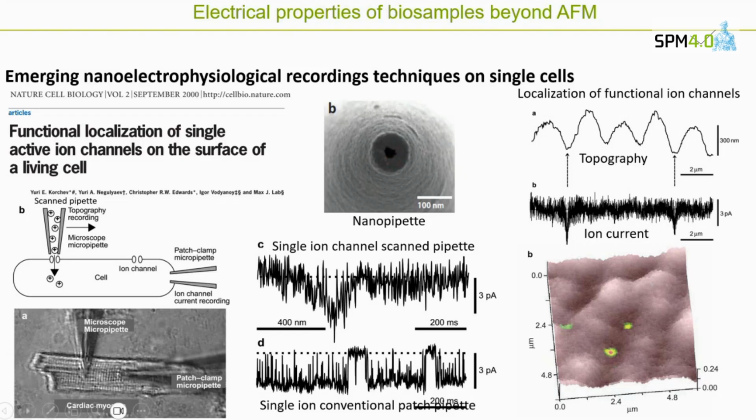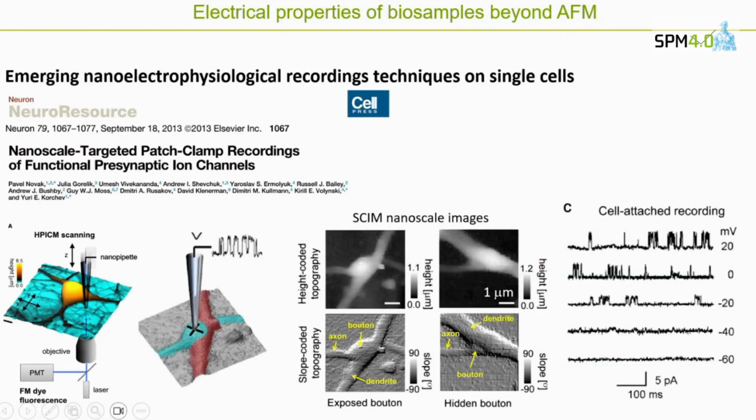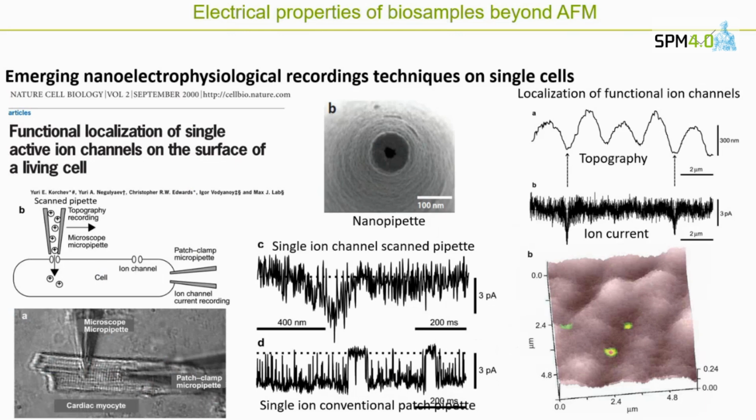You measure the current that is flowing through the pipette. Okay, so this is your scanning pipette. Ions will flow and then go out through that. Since you are constraining the ions to move in a very narrow area, when you put the surface of the cell there, the ions have a lot of difficulty getting out.